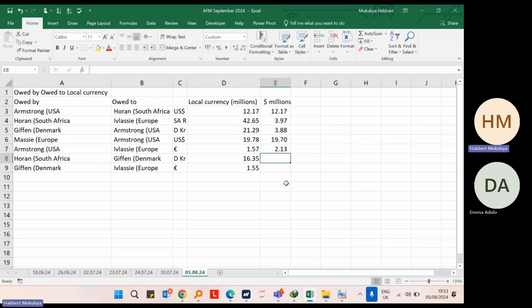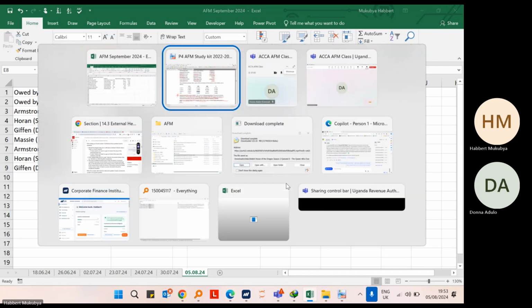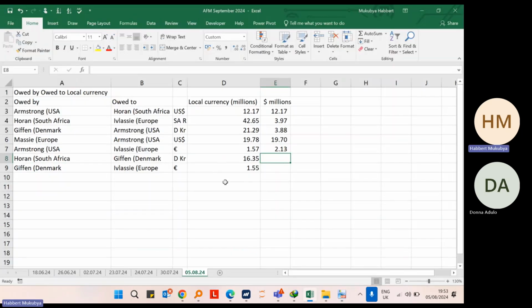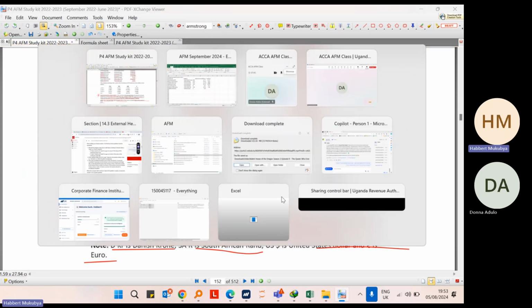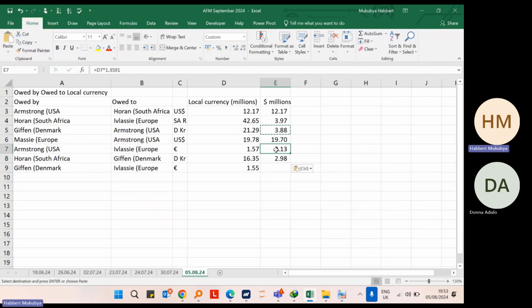And then the next one is in crowns. So crowns, we already have a figure. We can just copy the formula here, 2.98. And then finally, again, we have euros. We can copy this one.